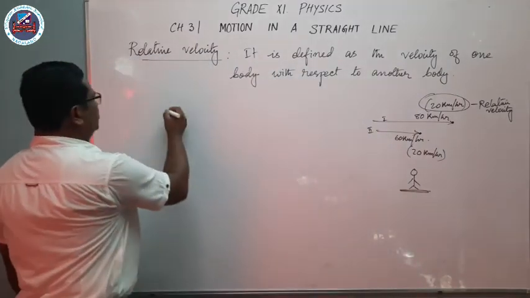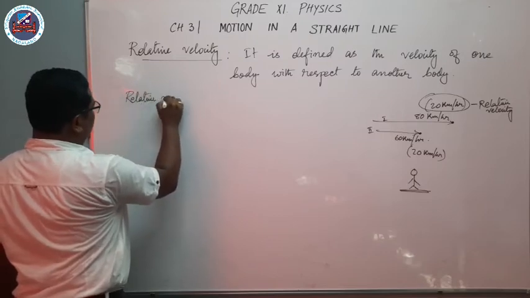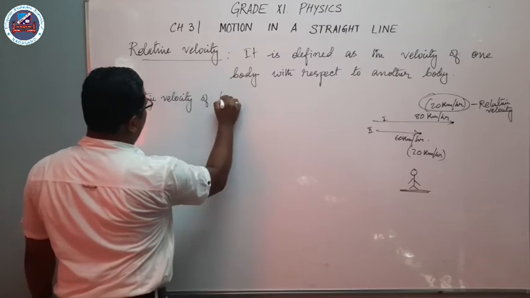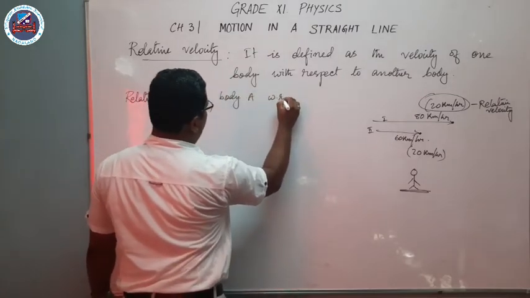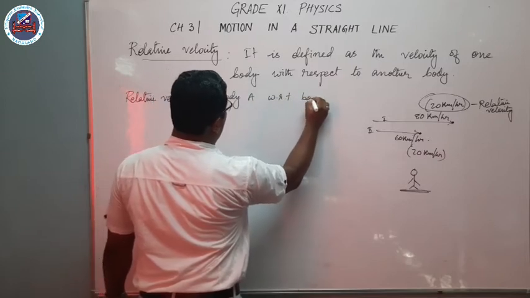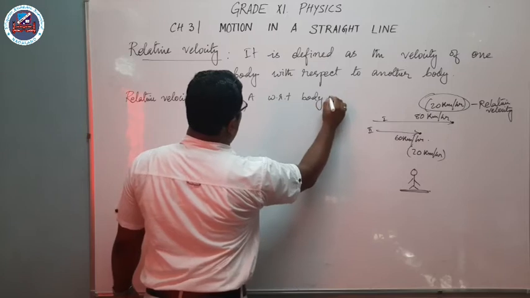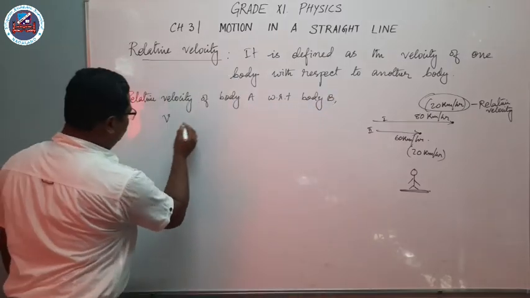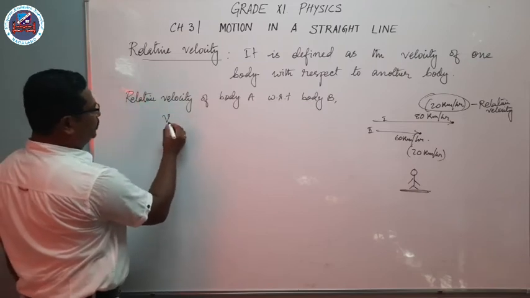Mathematically we write it like this: relative velocity of body A with respect to body B. Velocity is a vector quantity. You can put an arrowhead on the top also, but without putting an arrowhead I am showing you.